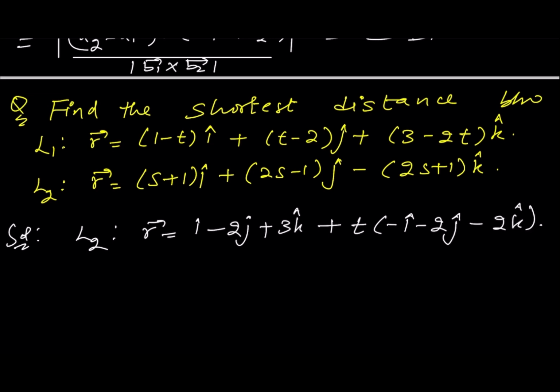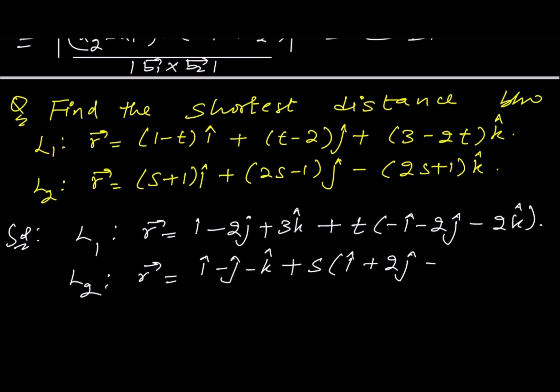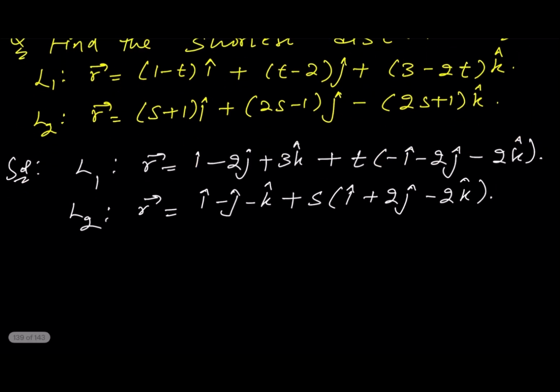Similarly, L2 can be written as r vector is equal to i cap minus j cap minus k cap plus s times i cap plus 2j cap minus 2k cap. Okay, so this is p1 vector, this is p2 vector.